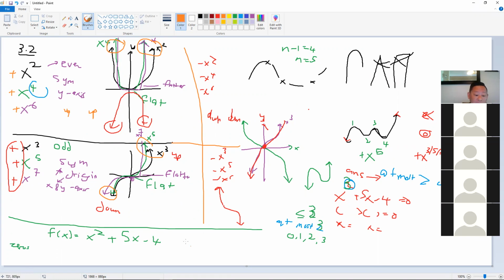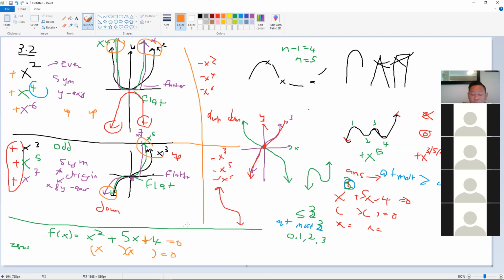You just need to set this equal to 0 and factor it. Can someone tell me what the factor is for this? Sorry, this is plus, my bad.